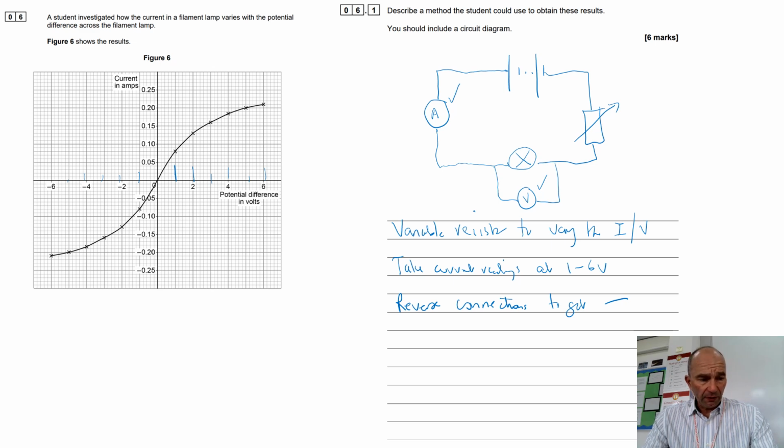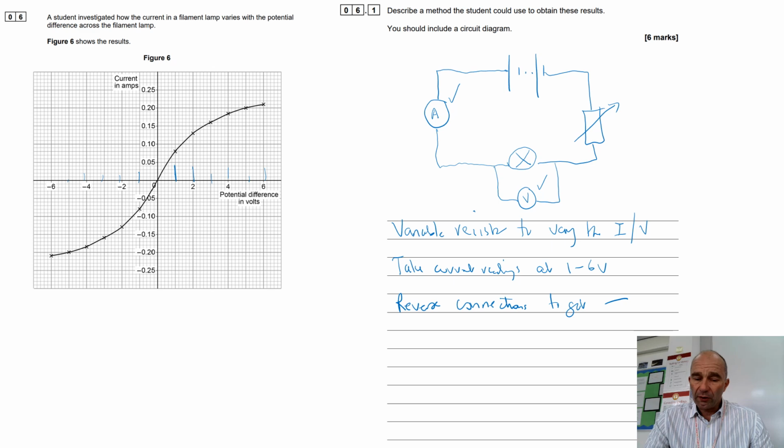So it's a relatively straightforward method, mainly because you've drawn the circuit diagram correctly. Now, like I said, to get the 5 to 6 marks, you have to be not just including the circuit diagram, but you also need to include how to get the negative values as well. And like I said, it's just reverse connections to get that.